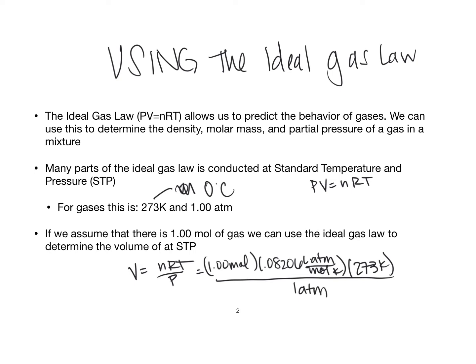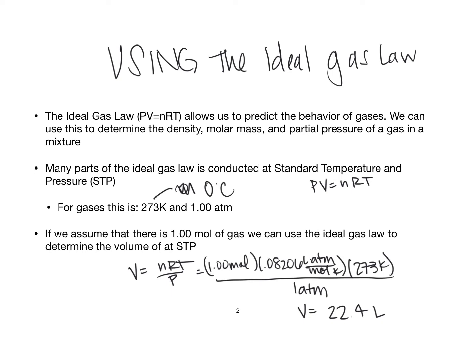And when you do that, you would get that the ideal volume at STP is 22.4 liters. So this is the molar volume. When people think about STP, or the standard conditions, it's 1 mole of gas, 22.4 liters of gas, 1 atmosphere, and 273 degrees Kelvin.